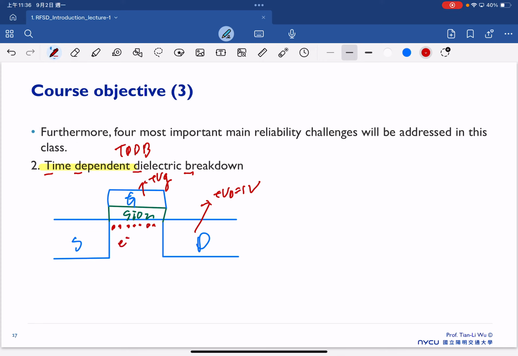The electrons flow to the right-hand side and become the drain current. But something we haven't talked about so far is the silicon dioxide. An ideal oxide is a perfect insulator.